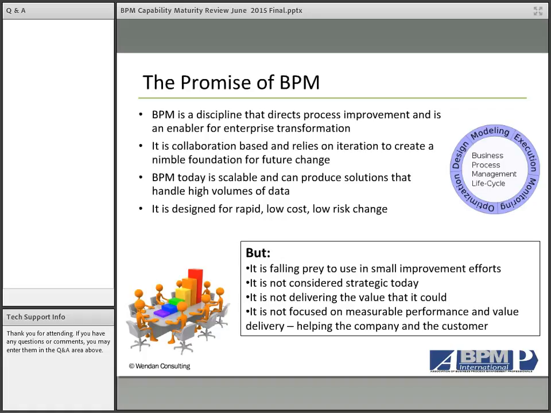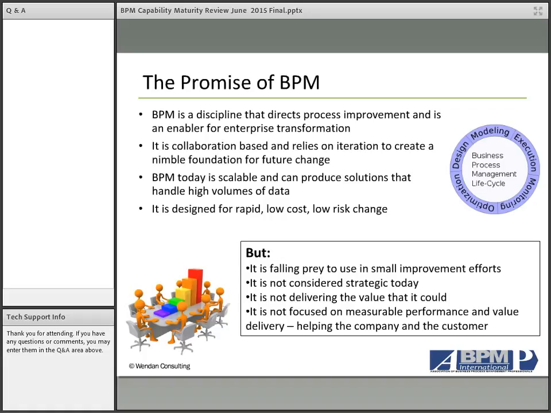But the bottom line is that we need something to direct the way that improvement is going to be considered, to pull everybody onto the same page, so that we can move forward with the appropriate models and with appropriate information and really get into enterprise transformation.